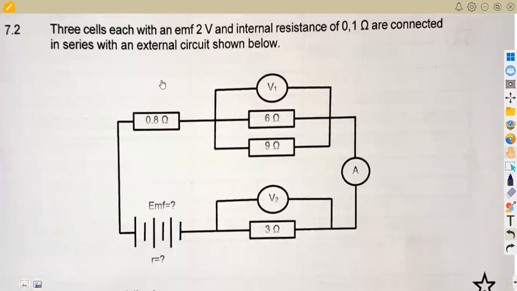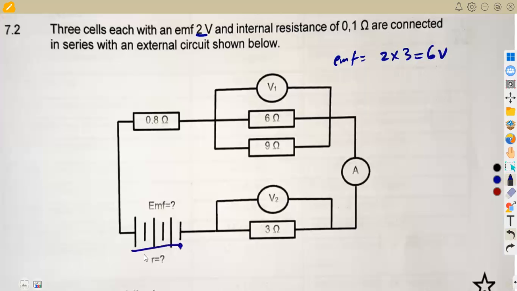Then you're given 7.2, which is 3 cells with an EMF of 2 volts. So if you've got 3 cells here, the EMF there is 2 volt in series, and 0.1 ohms internal resistance in series. So it means we are going to obtain the total EMF, because they are in series, 2 volt, 2 volt, 2 volt. So we're going to add, which is simply 2 times 3, which is 6 volts from this information.